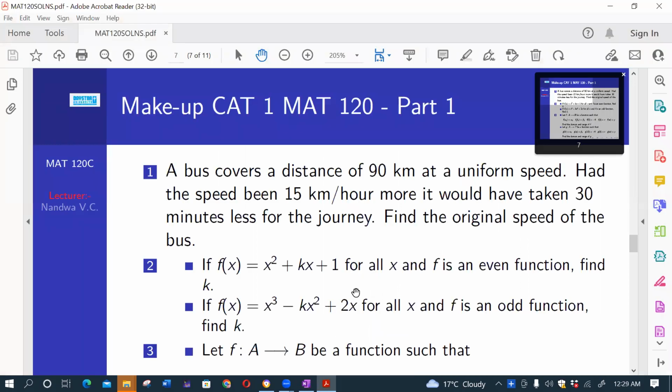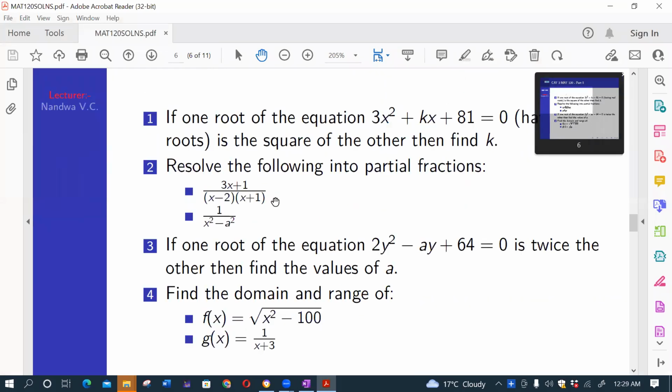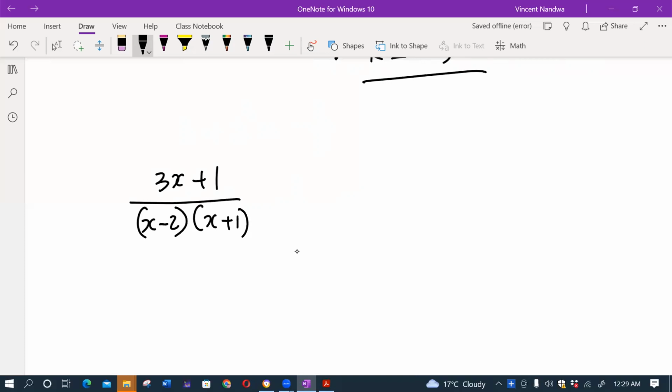Then the next question is to resolve the given functions into partial fractions. So the first one, we have 3x plus 1 over x minus 2 times x plus 1.